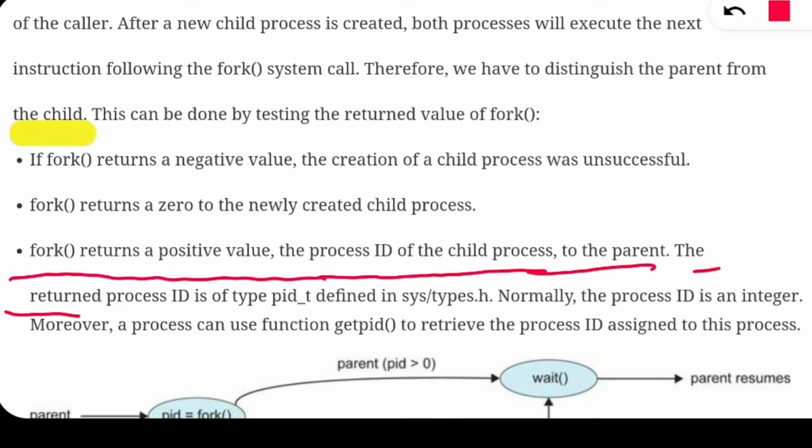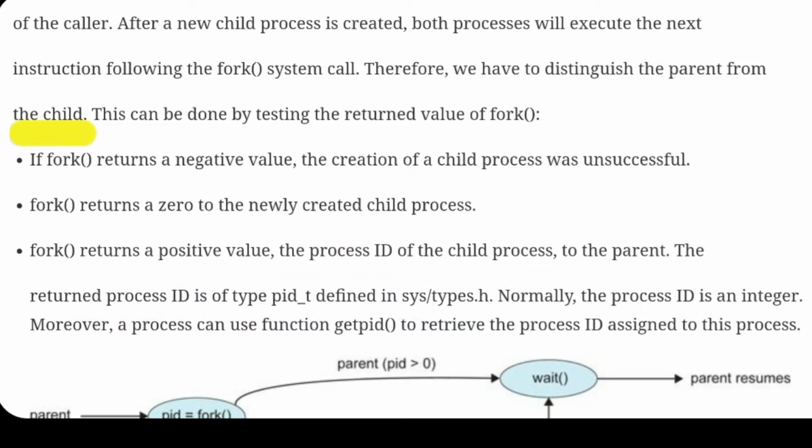The returned process ID is of type pid_t, defined in the sys/types.h header file. This is a library file, and in this library file the pid_t variable is defined. Normally the process ID is an integer.